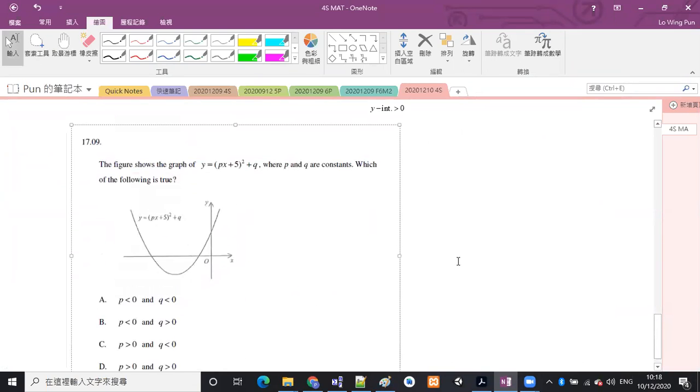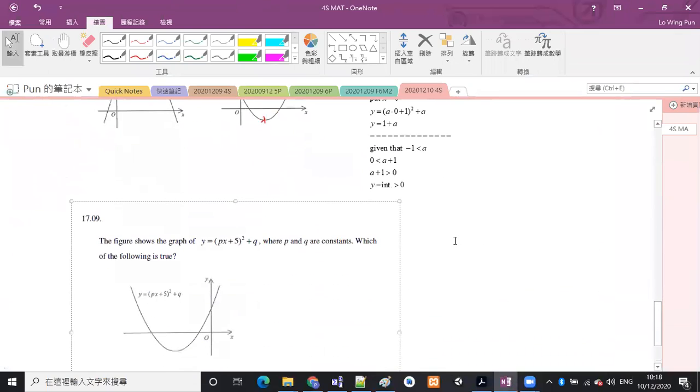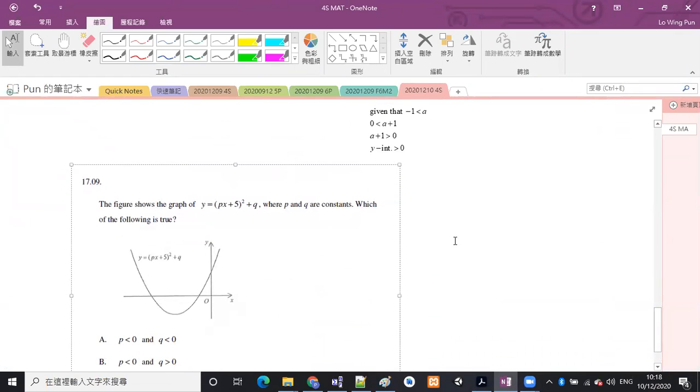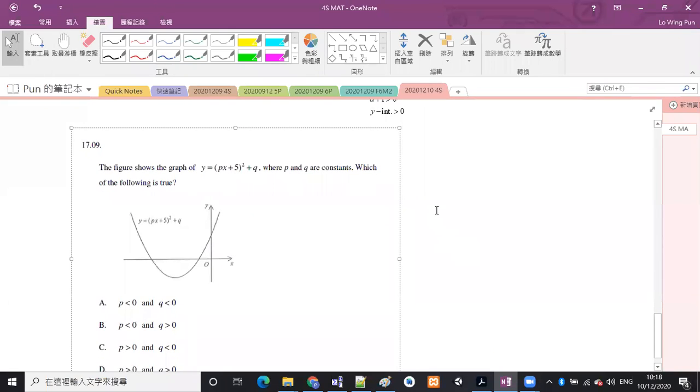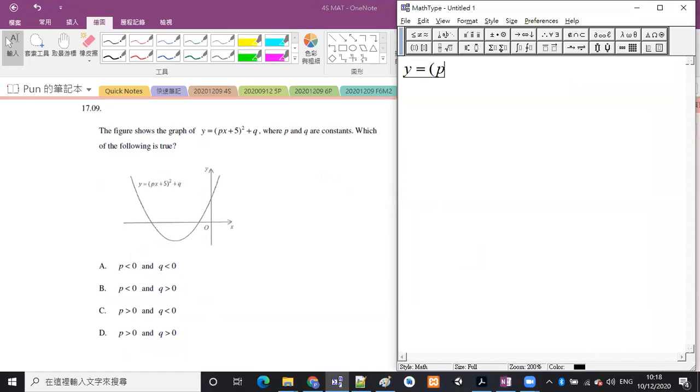好嗱，1709呢題咧，其實佢個 setting 同頭先個題好似嘅，但係佢問嘅嘢就同頭先啱啱調翻轉，OK？今次佢俾咗個 graph，問你邊個大過0，邊個細過0。但係又係啦，the function is y equals p(x plus 5) square plus q, and this is not in the perfect AHK form.